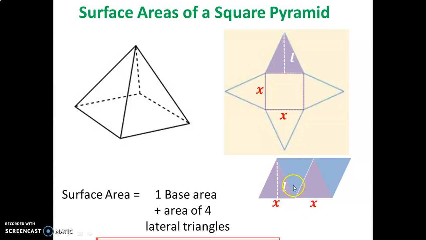So the area of all the triangles, in other words, is 2xL, L being the slant height, which would be a height line along the side of the pyramid here. And this whole surface area then is x squared, the area of the square, plus those four triangles, which is this area here. Write that down and make sure you understand exactly where that formula came from.